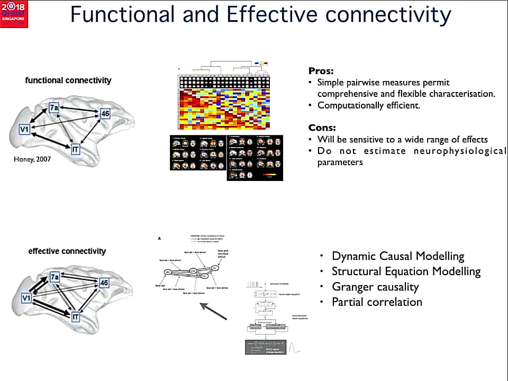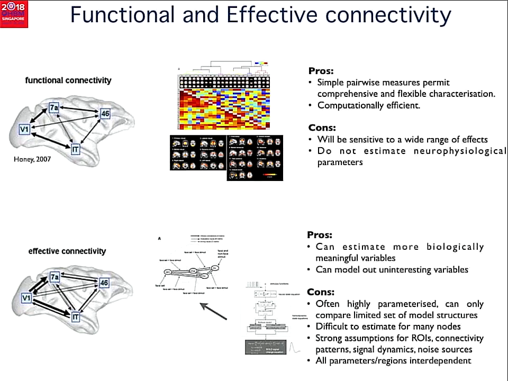Then there are the alternate approaches of effective connectivity, where you have more sophisticated models trying to model a broader neural system. You'll be modeling the directedness of causal relationships between regions, you might be separating out direct and indirect connections, and in general trying to obtain more neurophysiologically informative measures.